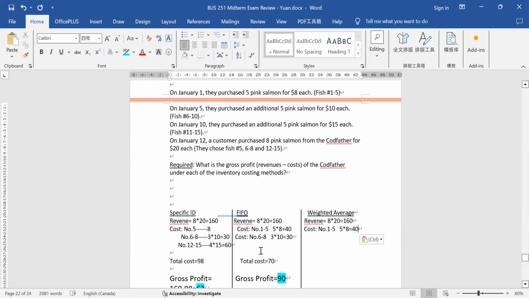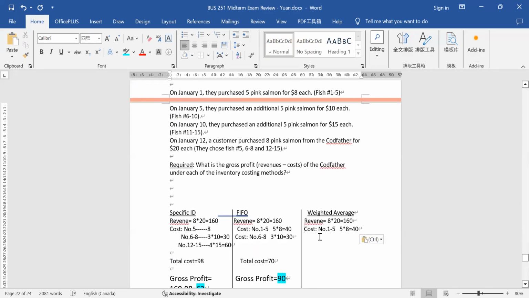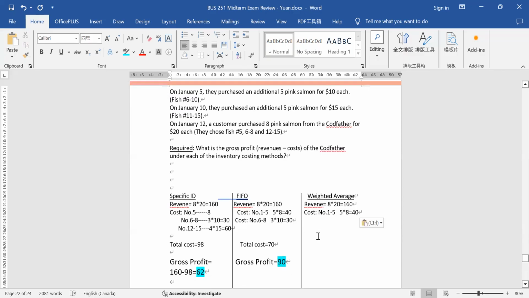Oh sorry, my mistake. For the weighted average, you have to list all the costs, because after each transaction, inventory should be recorded and the price should be recalculated.